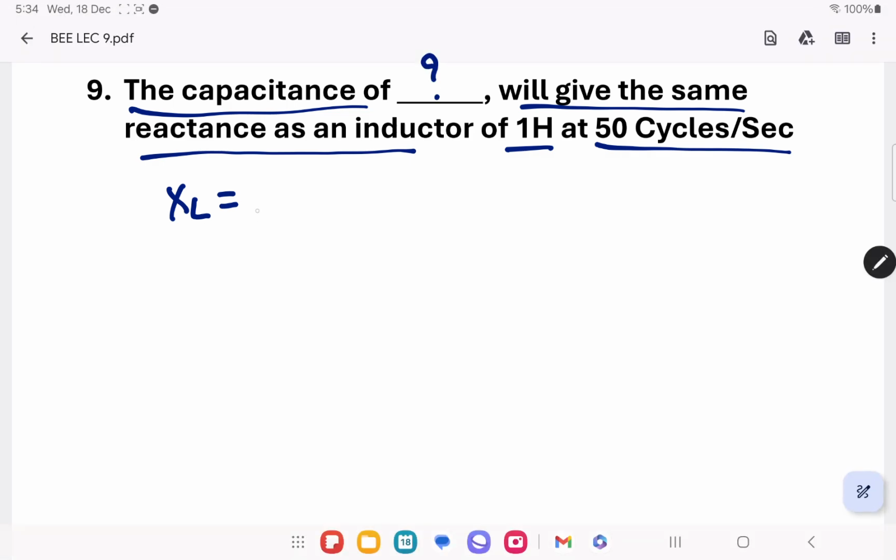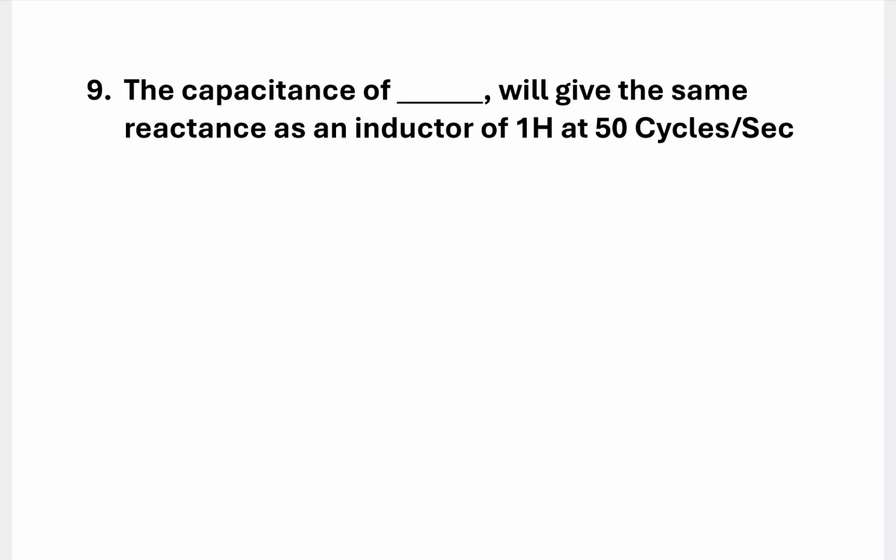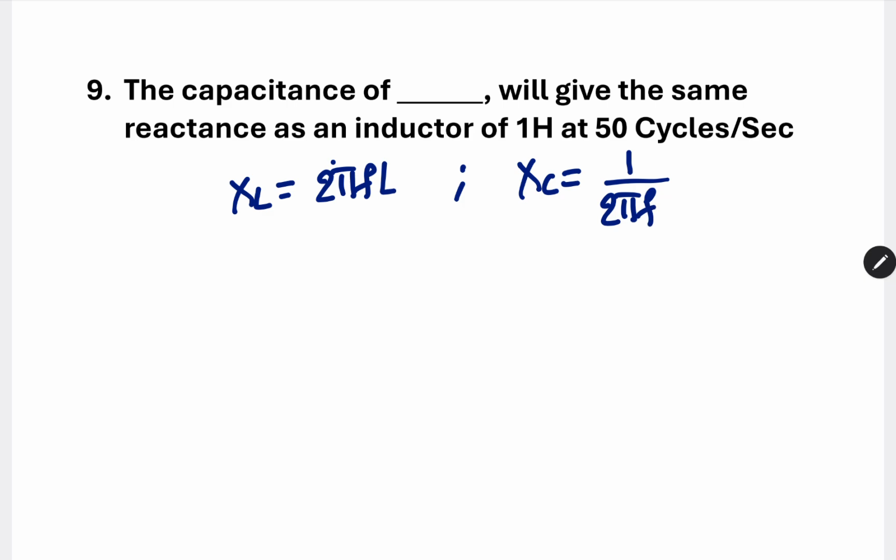We need to find out. XL is equal to 2 pi FL, and XC is equal to 1 by 2 pi FC. So both the reactances must be the same.